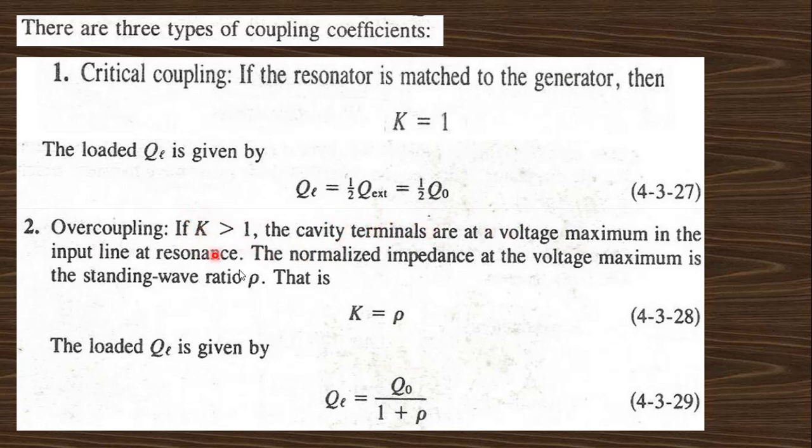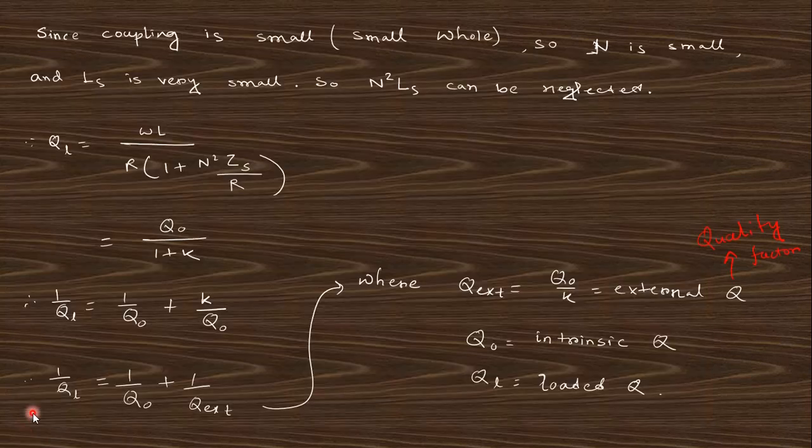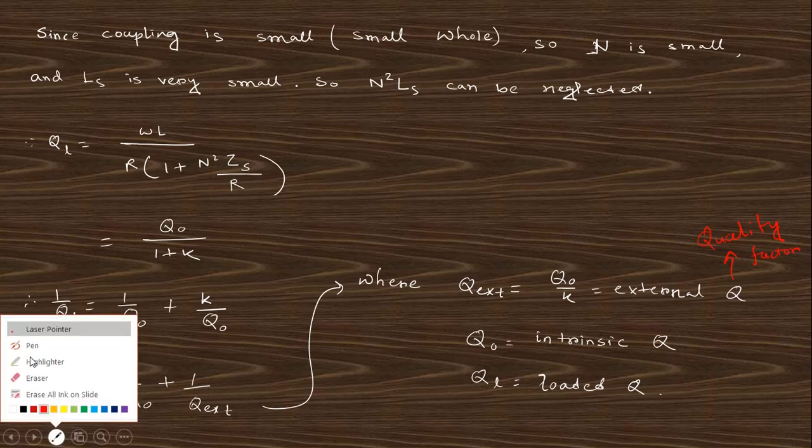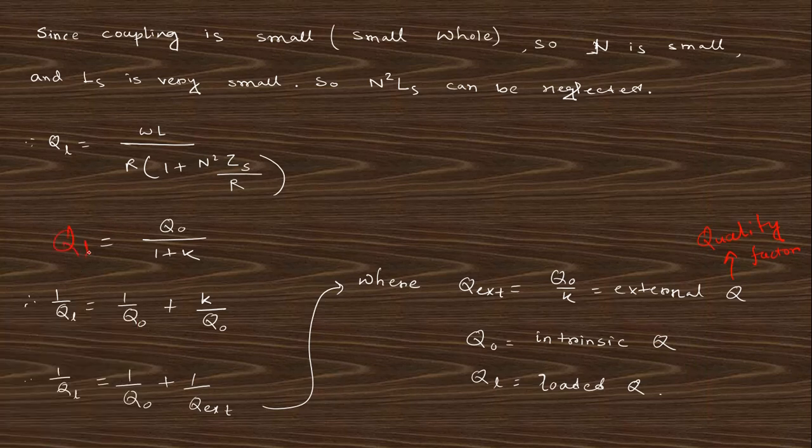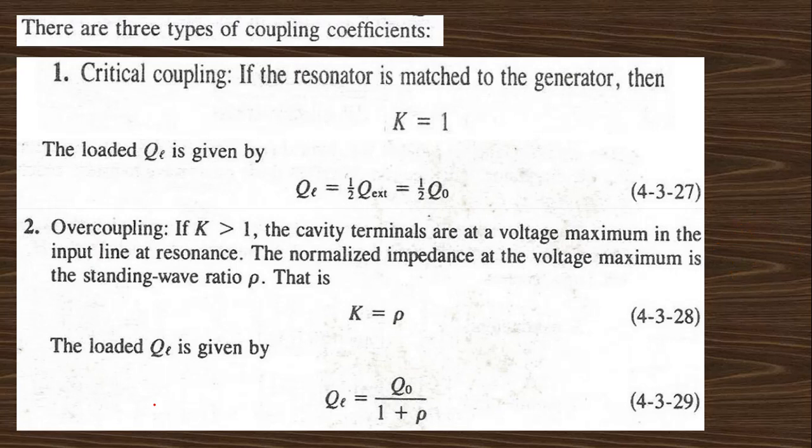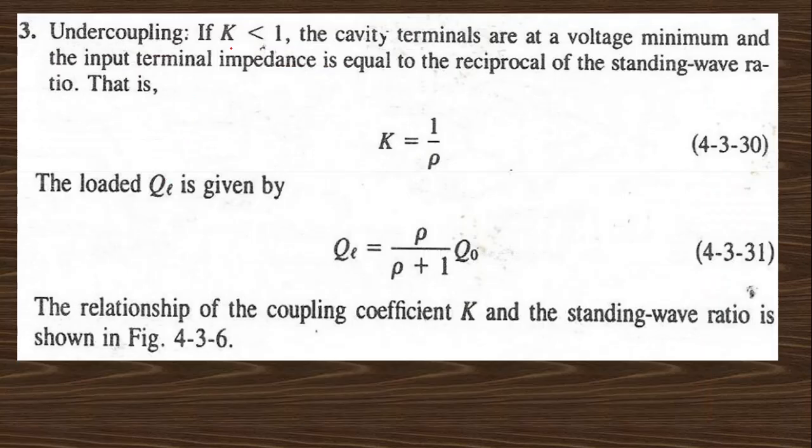For K greater than 1, if you put the maximum standing wave ratio rho, you get QL equal to Q0 by 1 plus K, where 1 plus K is rho. And for K less than 1, the cavity terminals are at voltage minimum and the input impedance is equal to the reciprocal of the standing wave ratio.